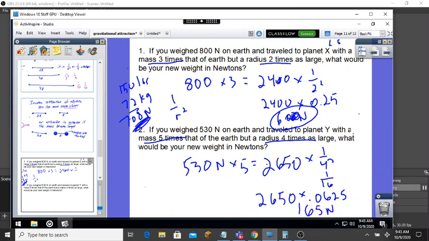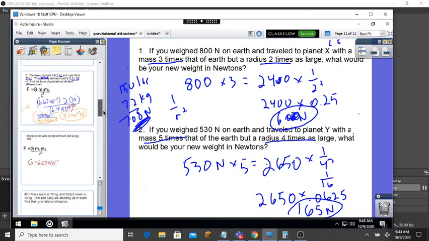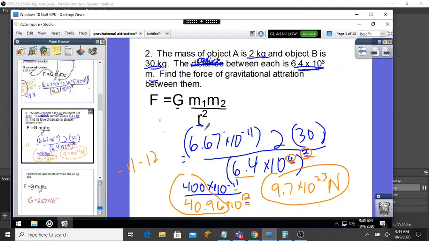Okay. So that's how we use that formula as well. And there we have how to solve for gravitational attraction.